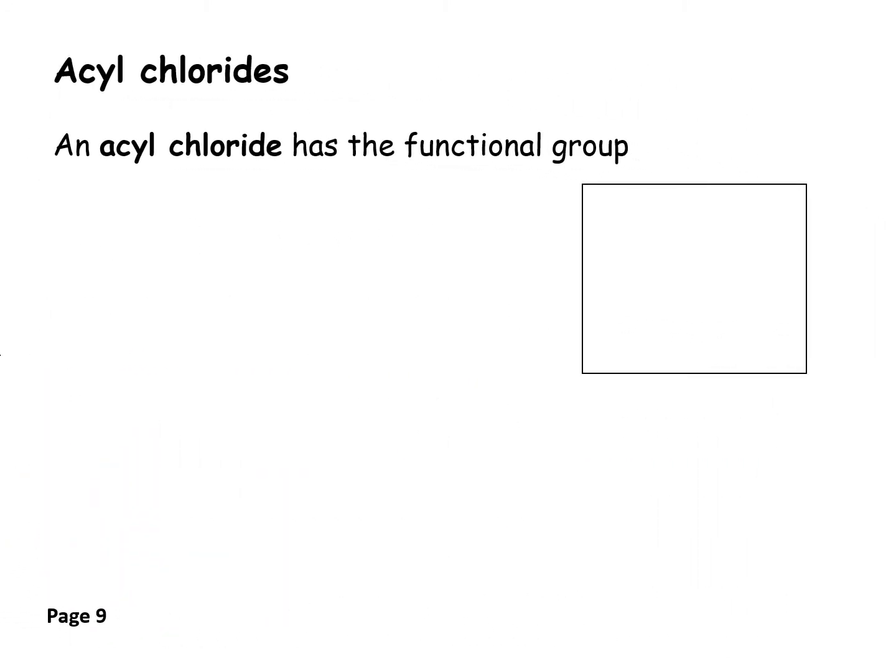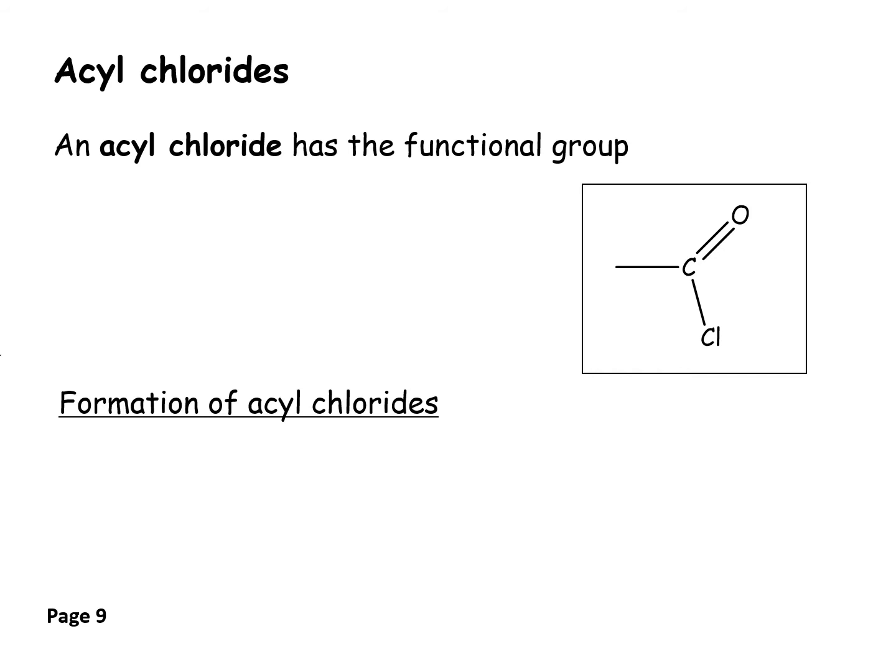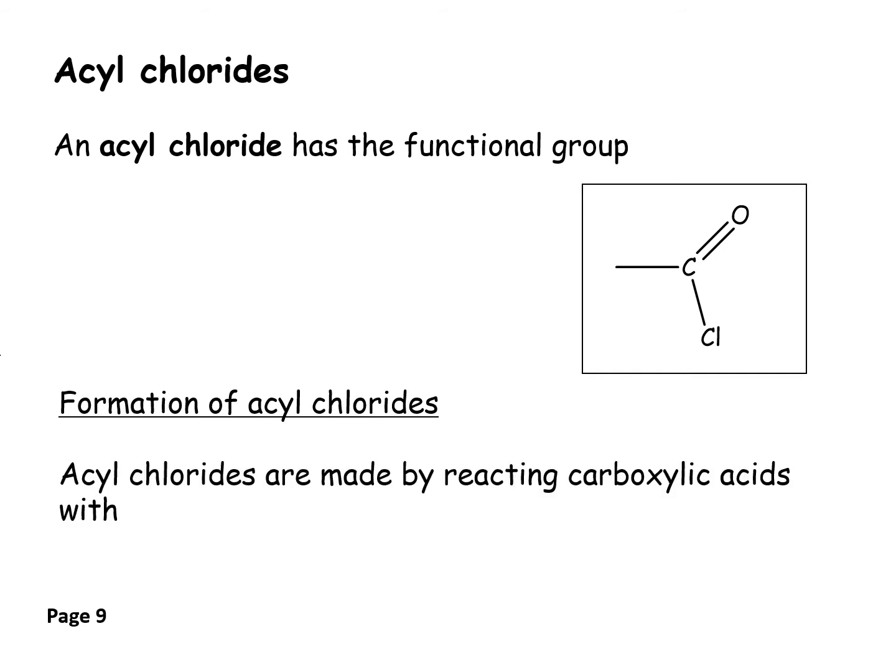If you have the booklet, we're back on page 9 now. So you will have completed this part already from the second PowerPoint when we introduced acyl chloride. So just a reminder then, the functional group looks like this. And we make the acyl chloride by reacting a carboxylic acid with thionyl chloride, SOCl2.